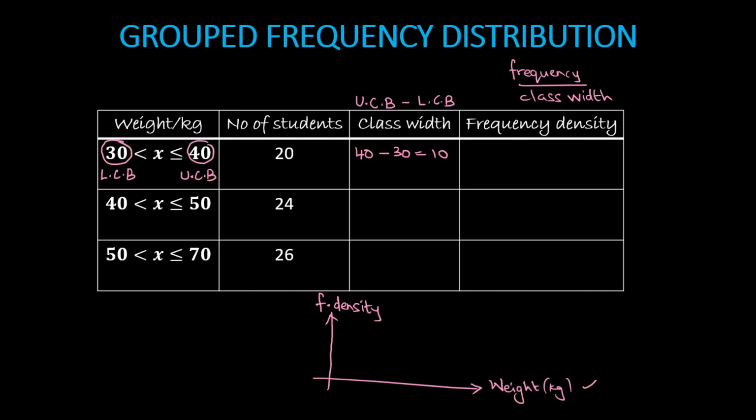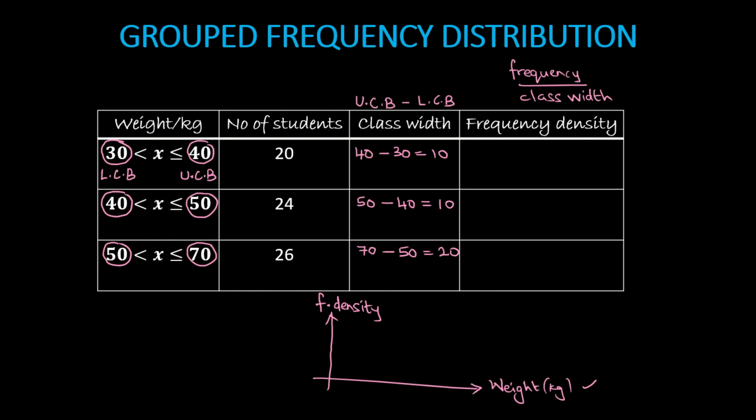Right? Similarly, for the second interval, 40 to 50, the class width will be 50 minus 40, which gives 10 again. For the third interval, from 50 to 70, the class width is 70 minus 50, which is 20. Right?